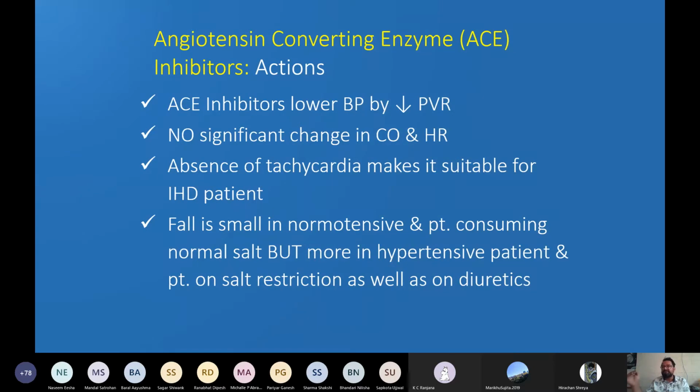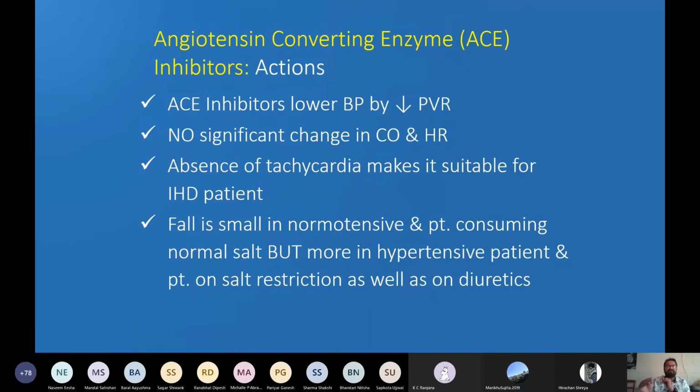So in normotensive people, the sodium level is always low, so it is not activated too much. So even blocking it is not a problem, because it is not in its most active form. It is not very active, so blocking it will give less change.